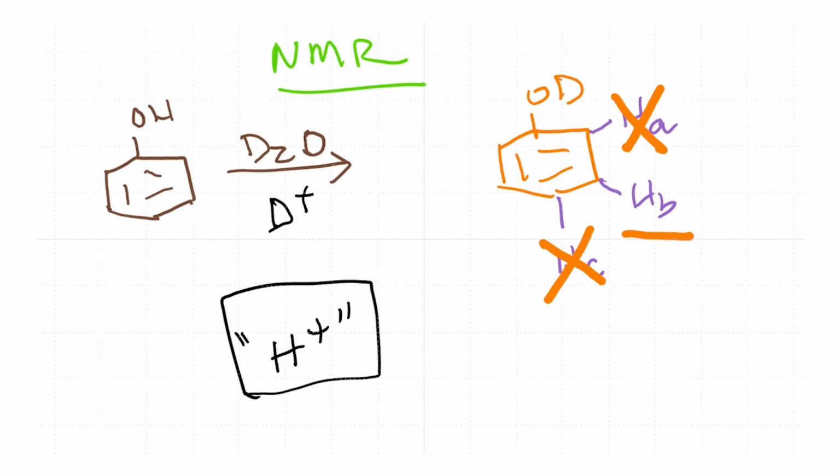So if deuterium replaces hydrogen, then it's going to become NMR silent. So one possible interpretation from this experiment is that under these conditions, this is actually forming a molecule like this.